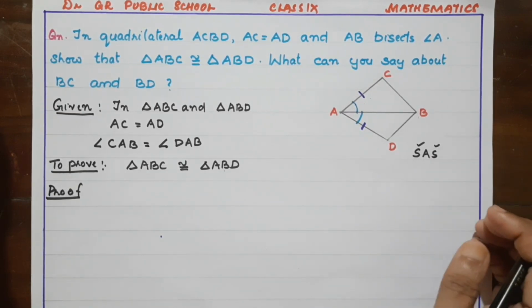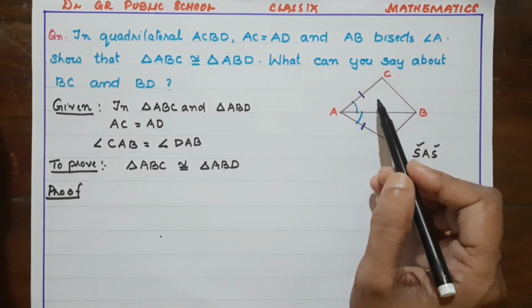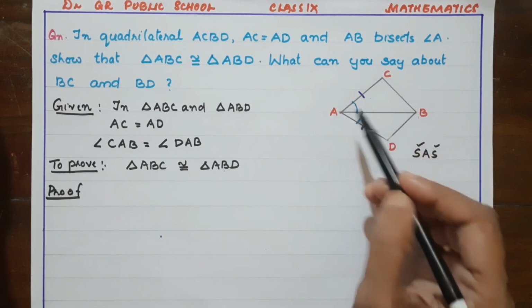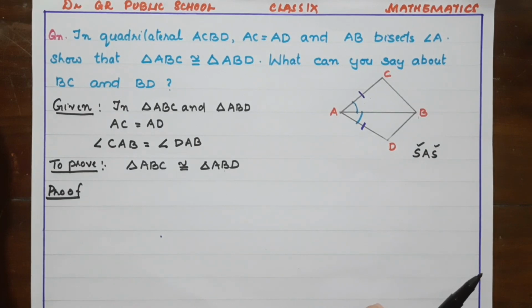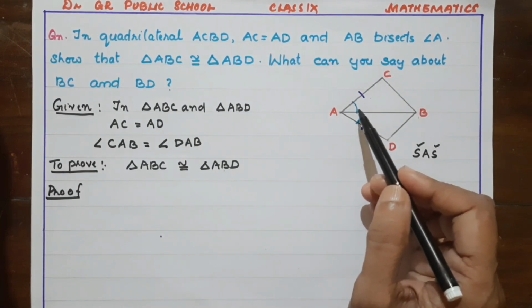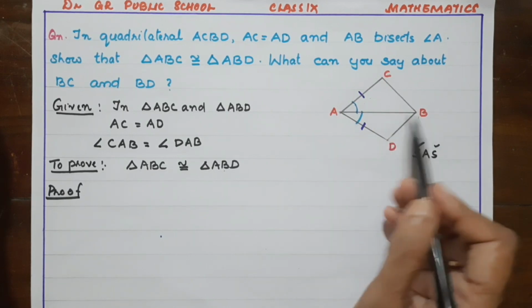That we have to prove. So now consider the first triangle. From this triangle, we have AC equal to AD. It is given. Then we have angle CAB equal to angle DAB.